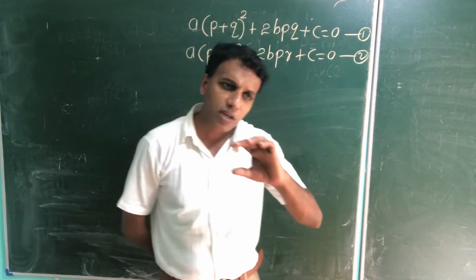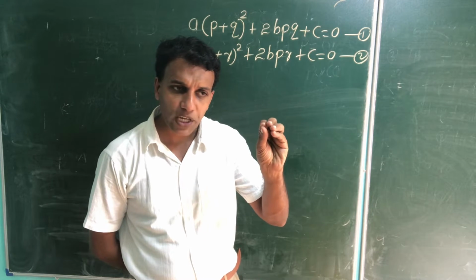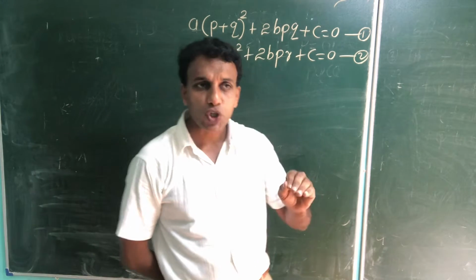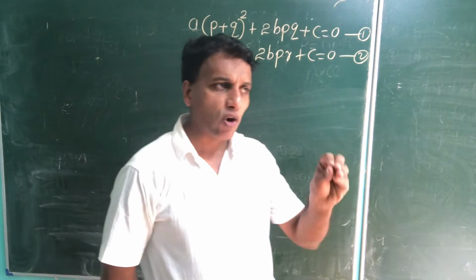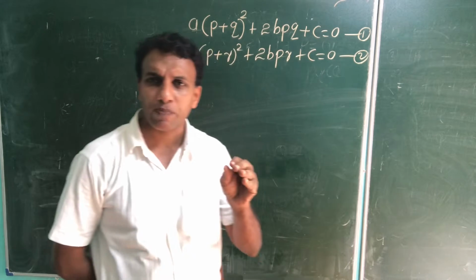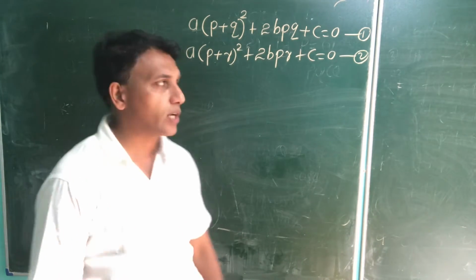So if I write a quadratic equation, the solutions are q and r. Because if you know the roots, if you know the solutions, you can substitute into the given quadratic equation.